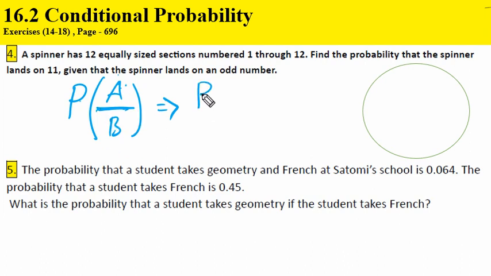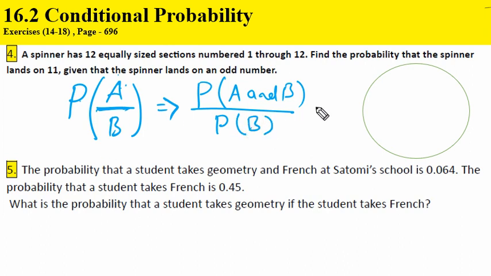So how do you write it? Probability of A and B, divided by probability of whatever you have in the denominator, B, which has already happened.